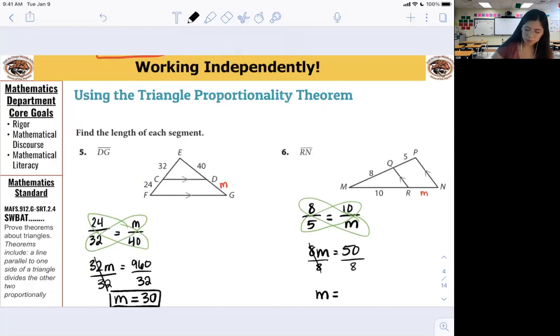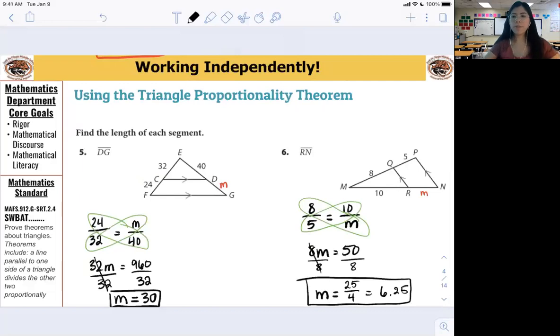Yeah, by 2, so 25 over 4, which equals 6.25. All right, cool. Questions? How do you feel? It's not too bad, right? It's pretty simple. It's a nice shortcut to have. It's a nice thing to know because now you actually make your life a whole lot easier when you're solving these types of problems. But do we have any questions on these two?